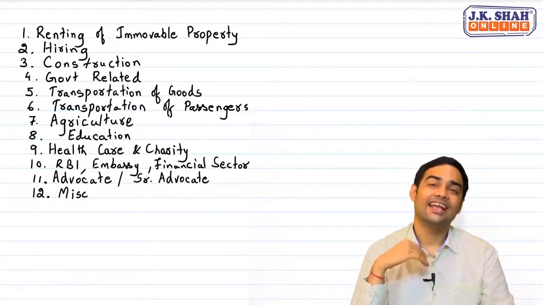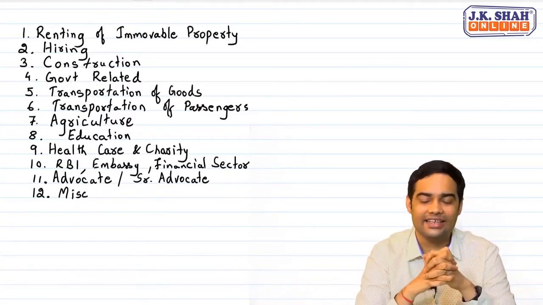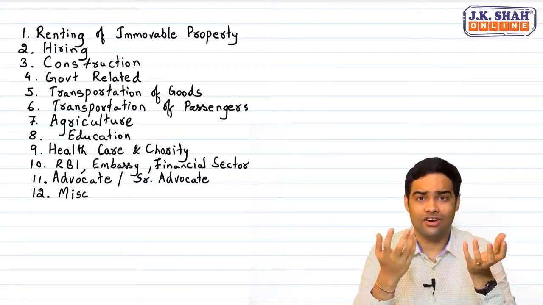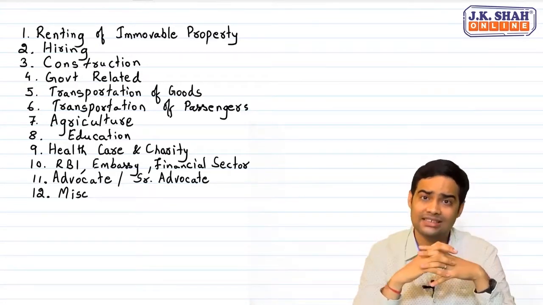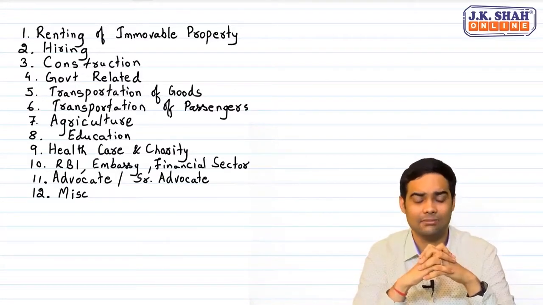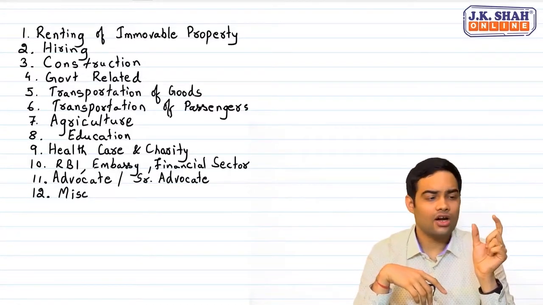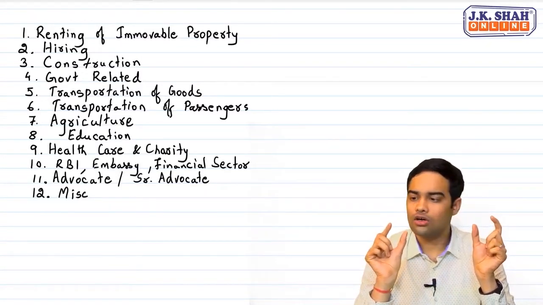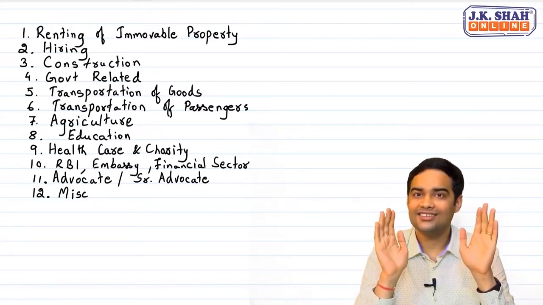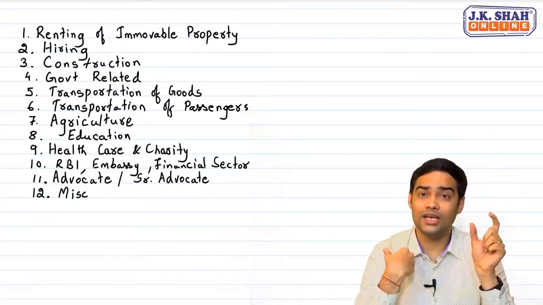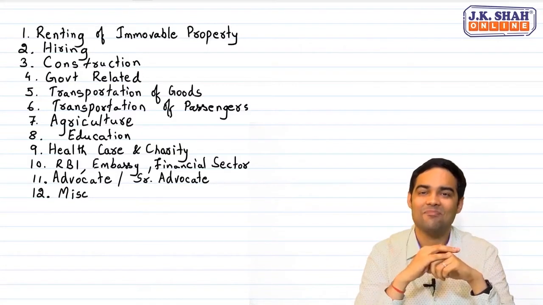Okay. Now let's talk about hiring. So when you talk about hiring, it could be of a truck, could be of a bus, could be of any other vehicle. Let's see what's the exemption. If you give a truck on rent to a goods transport agency, GST is not applicable. But if the truck is given to me, GST would be applicable.